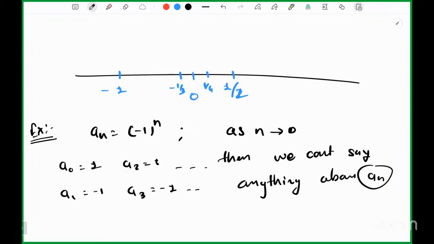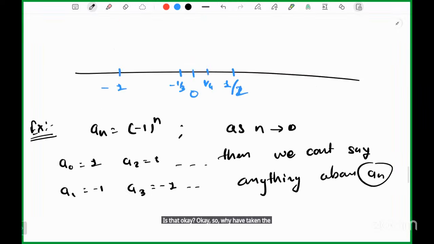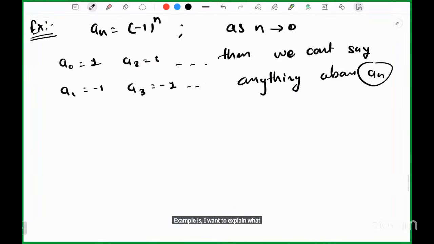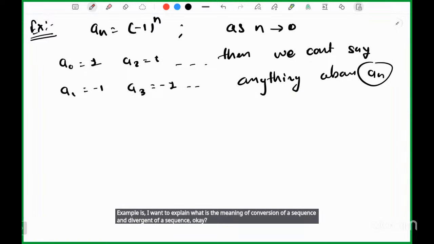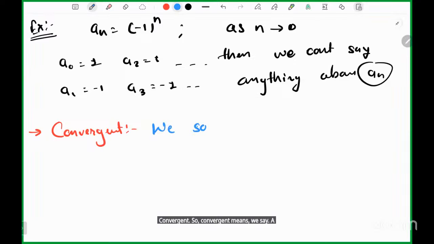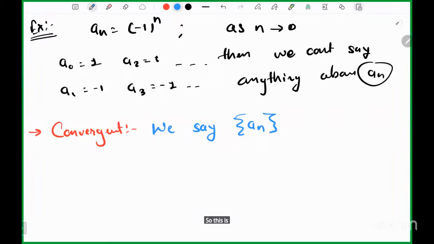Is that okay? So why I have taken these three examples is I want to explain the meaning of convergent and divergent sequences. Sequences are denoted by curly brackets around a_n; this is the symbol for saying that a_n is a sequence.